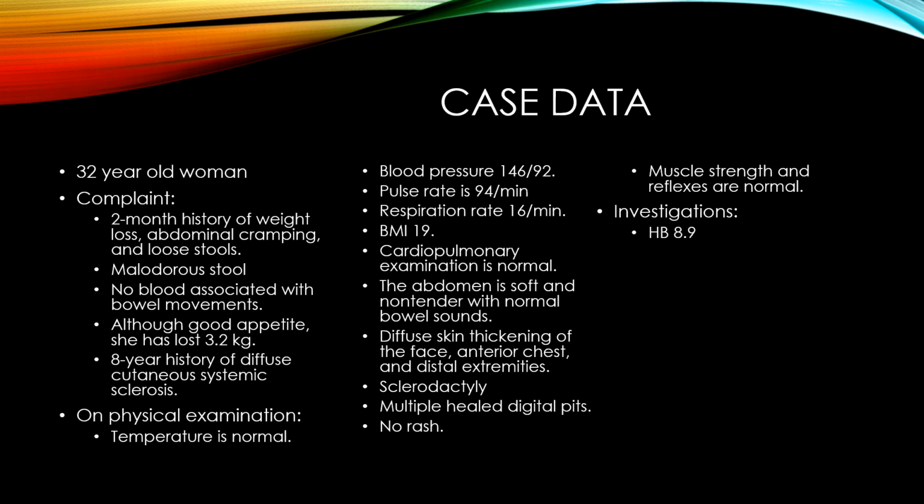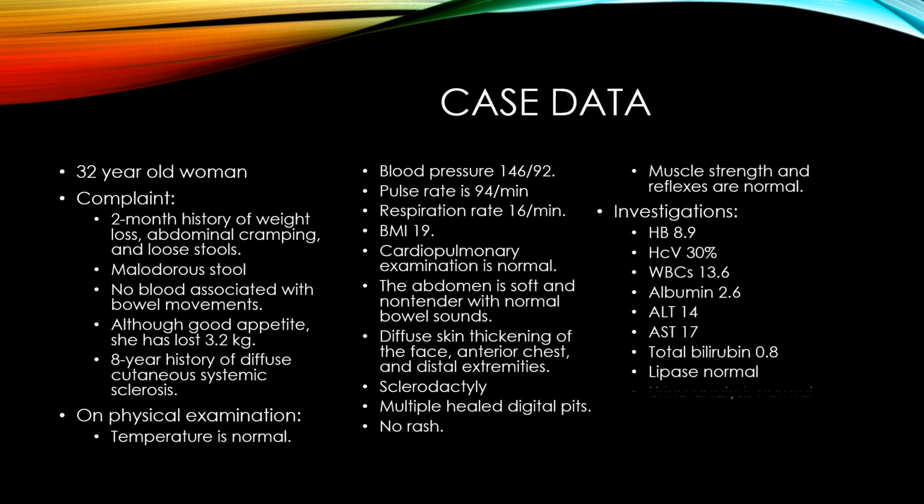Investigations showed anemia with hemoglobin 8.9 g/dL, hematocrit 30%, white blood cells increased at 13.6, albumin decreased at 2.6, ALT within normal at 14, and AST 17 also within normal. Total bilirubin 0.8 within normal, lipase normal, urine analysis normal, ESR high at 79, and CRP also high.